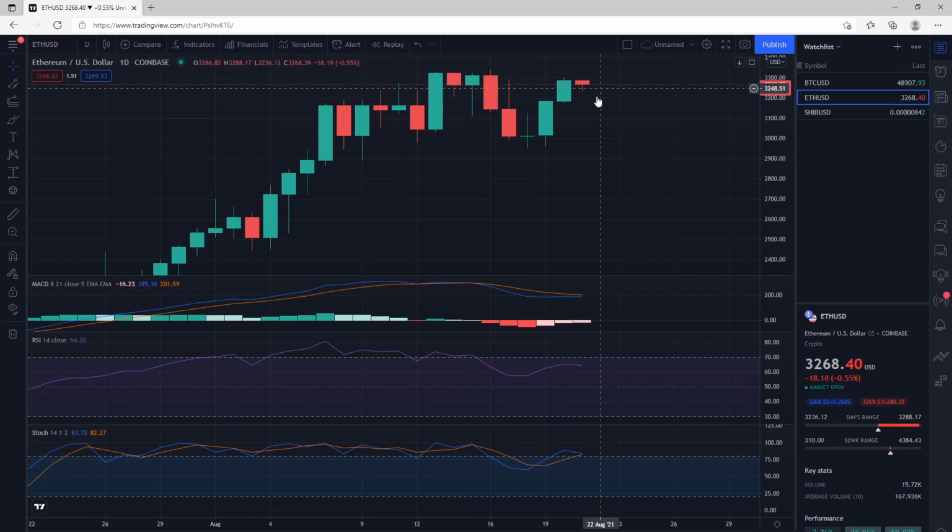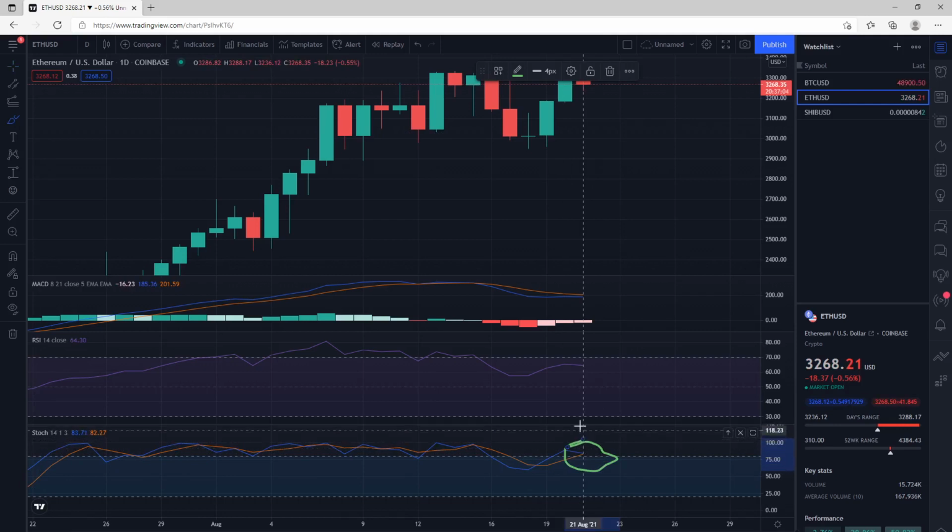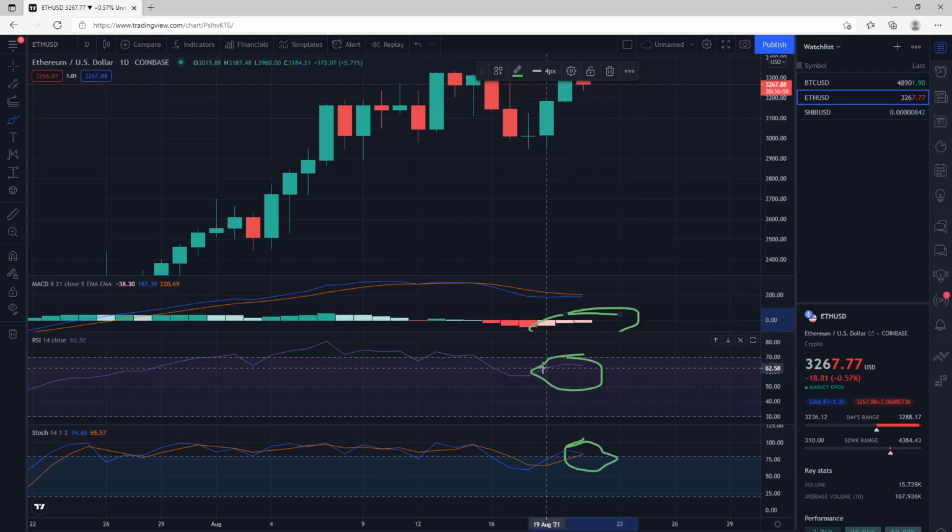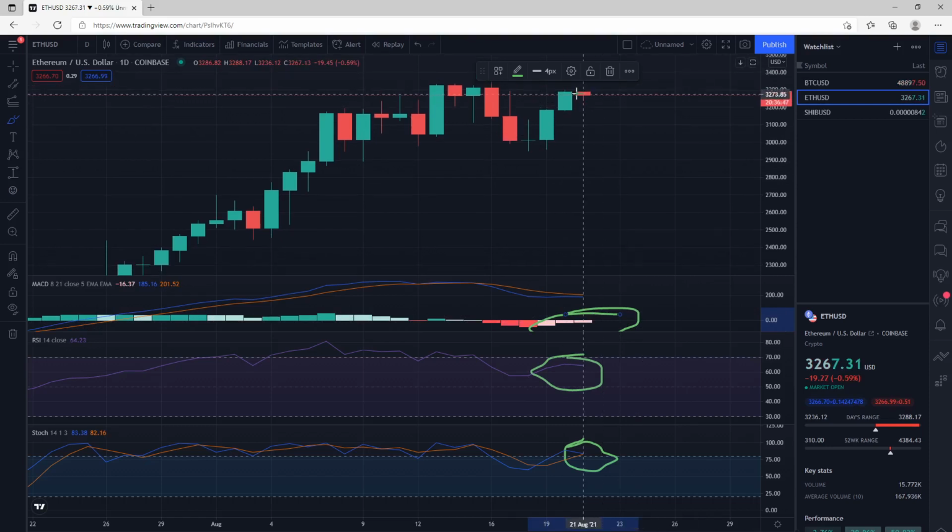Now, once again, looking at this, we have to look at all 3 indicators. This says down, this says sideways, and this says that sell pressure is weakening. So this is saying down, this is saying I don't know, and this is saying no, I'm getting stronger. Most likely on this day, this candle will close green.